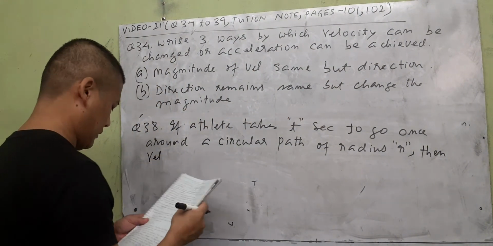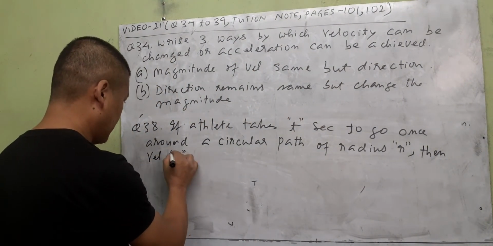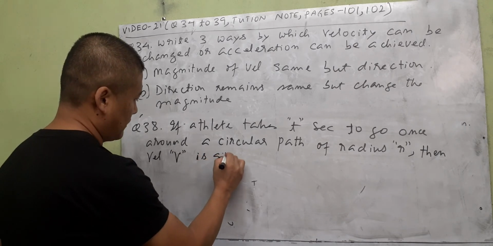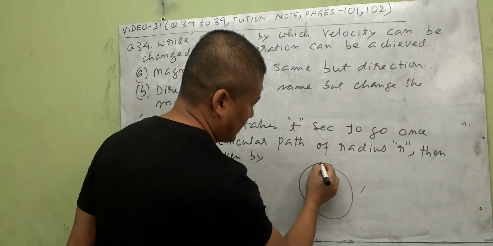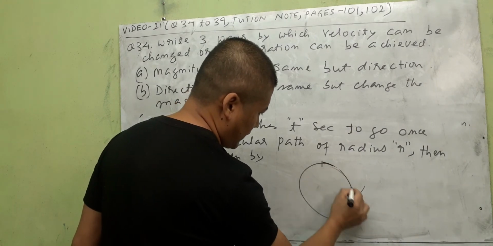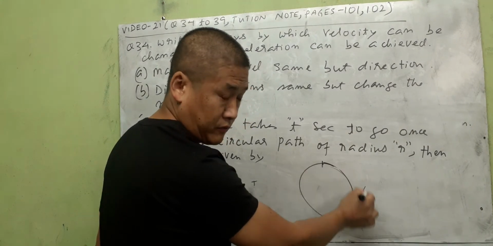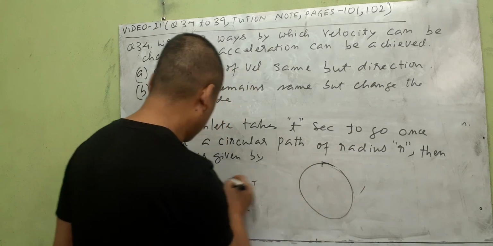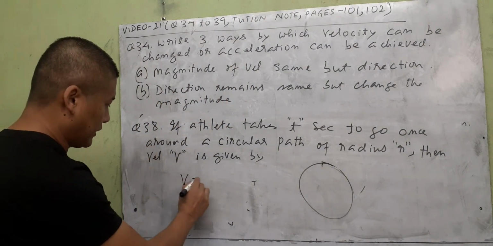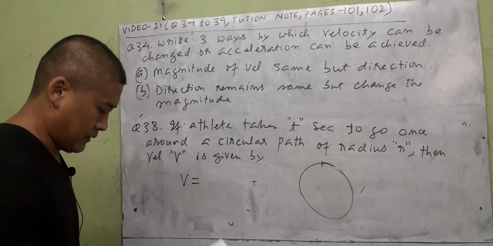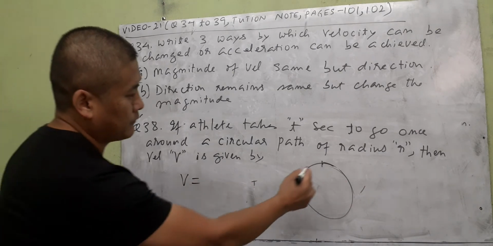velocity v is given by, see here, this is the circular track, let us say. We have to go from here to here, one round, one circumference means one round distance, taking t seconds, then the velocity v will be given by the circumference.